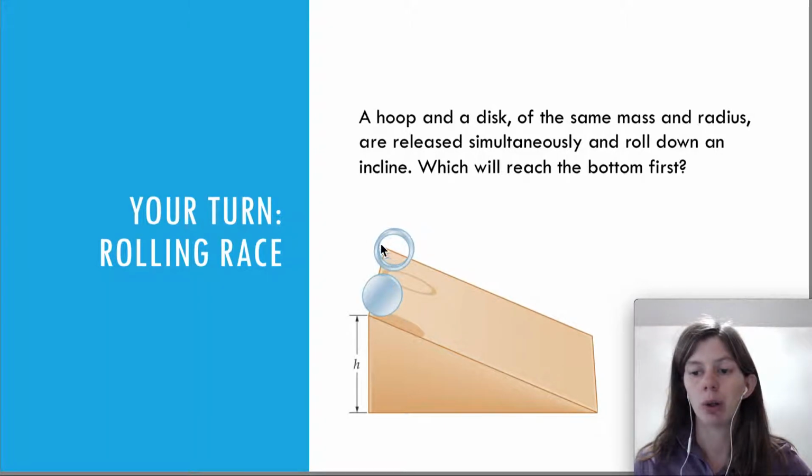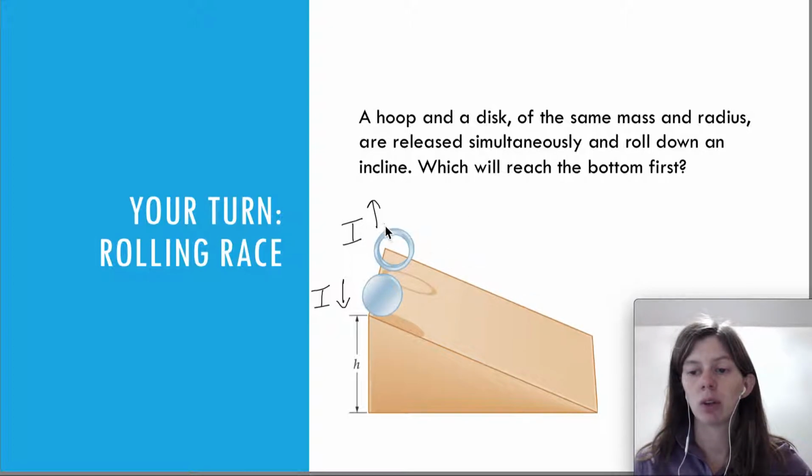The hoop has the higher moment of inertia because the mass is distributed further away than the solid disk. So they both start with the same amount of gravitational potential energy because they have the same height.